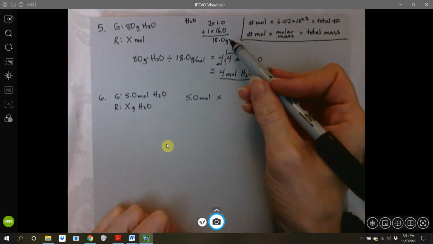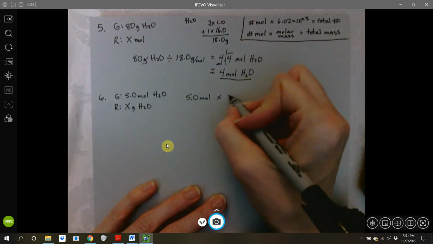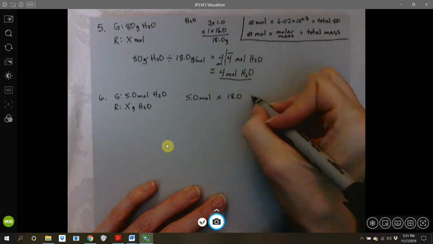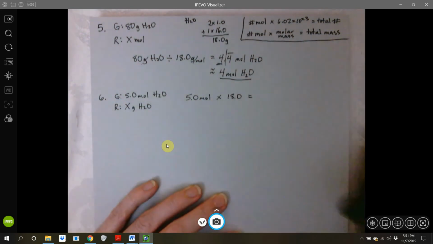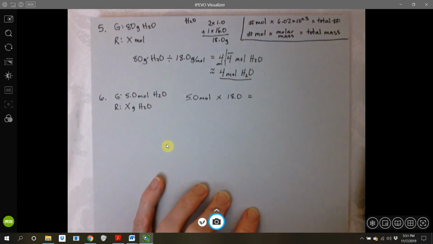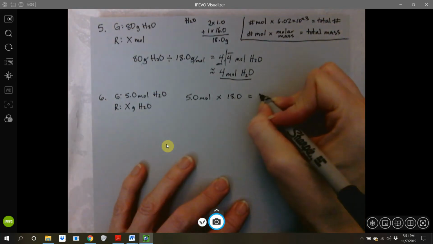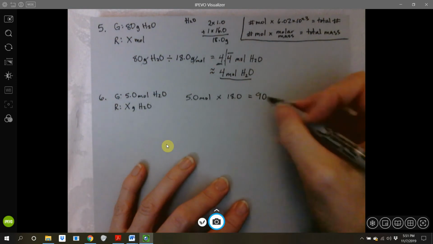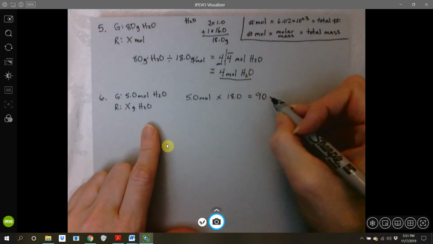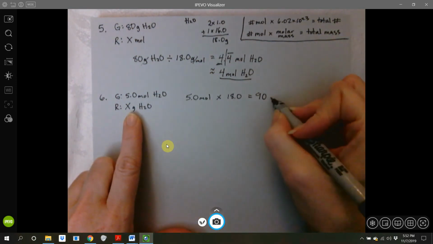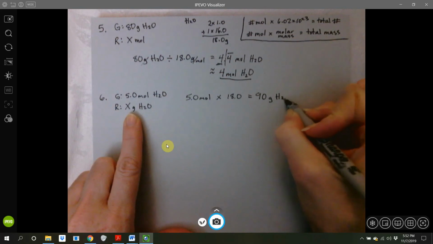Handy enough, we already calculated it up here, 18.0, and there we have it. So 5 times 18 gives us 90. Now we're calculating grams, so 90 grams of H2O.